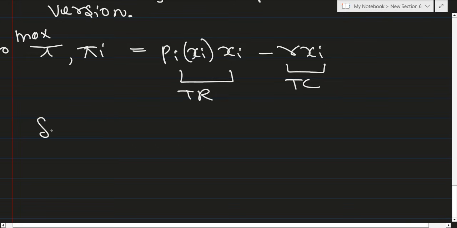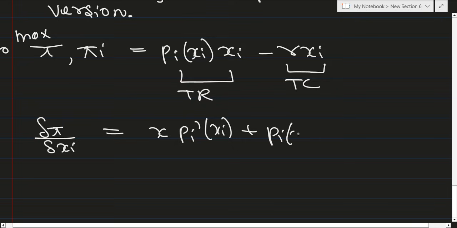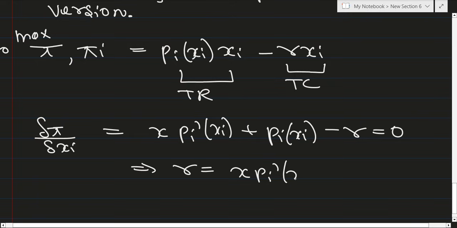Now we partially differentiate with respect to Xi, and we get Xi Pi dash Xi plus Pi Xi using the product rule, minus R, putting it equal to 0. We get R equals Xi Pi dash, the function of Xi, plus Pi Xi, the function of Xi.